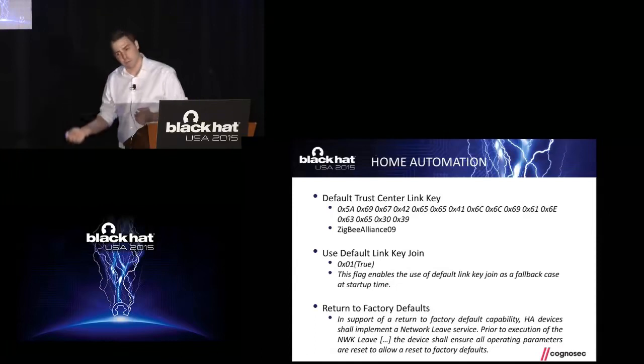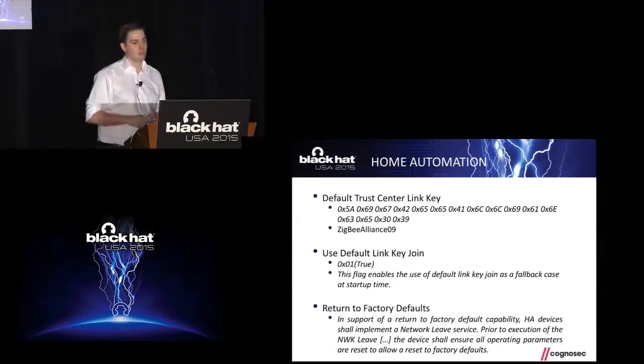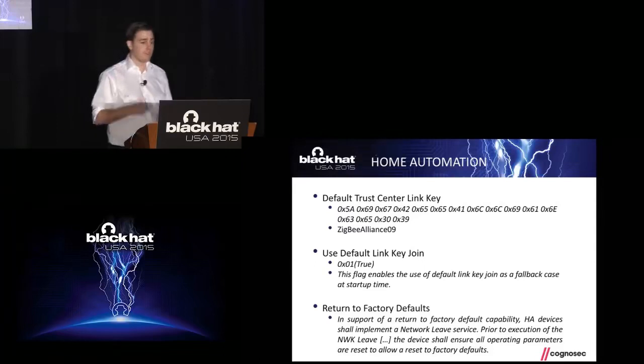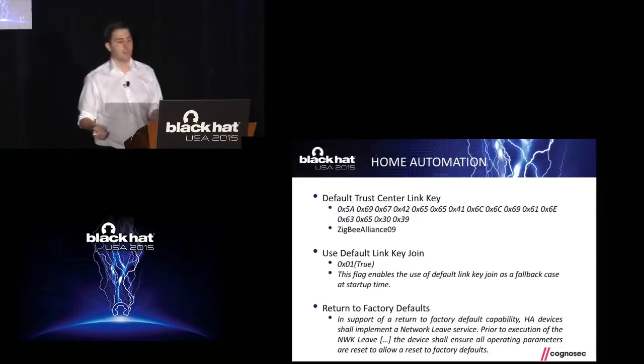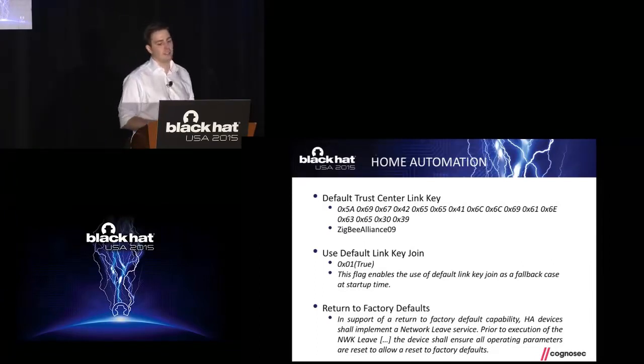Now, they are building in a fallback mechanism using this key to join devices. On top of that, you have a second attribute called use default link key join. This means every device has to support a fallback using this default key for transmitting and exchanging the key set.